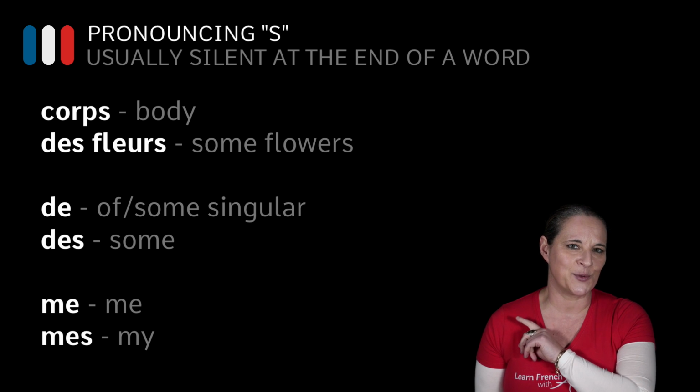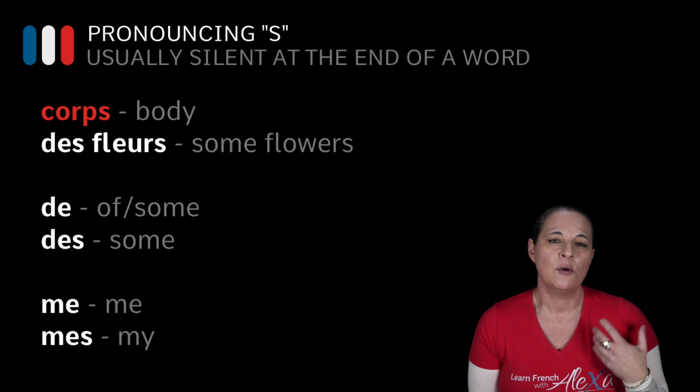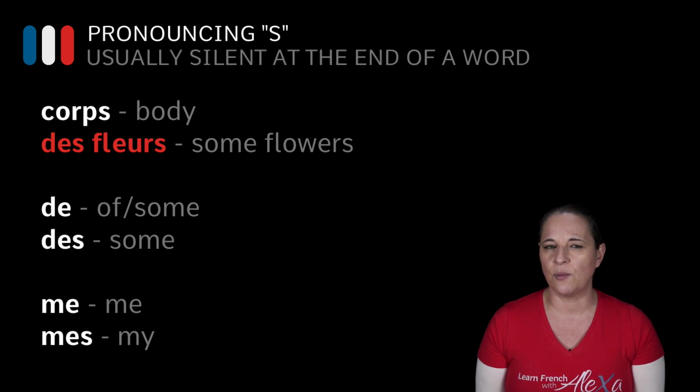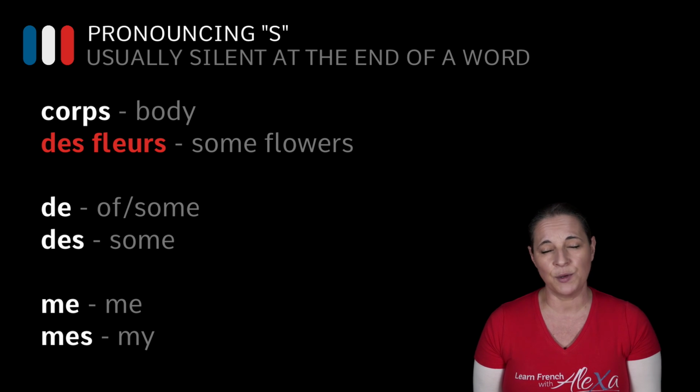So let's have a look at these words. Corps, which is a body. See, you've got an S, but we do not pronounce this. Des fleurs, some flowers. So have a look, des has an S, fleurs has an S. We pronounce neither. Okay? And sometimes it can alter the sound of the word.